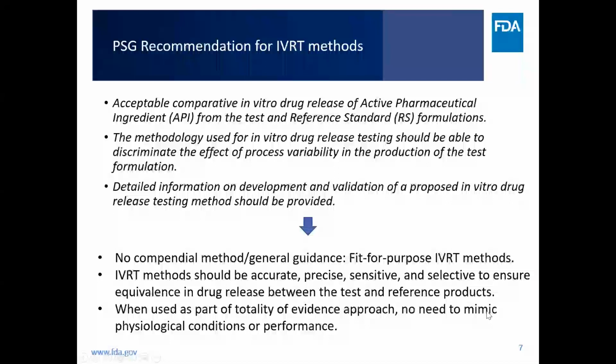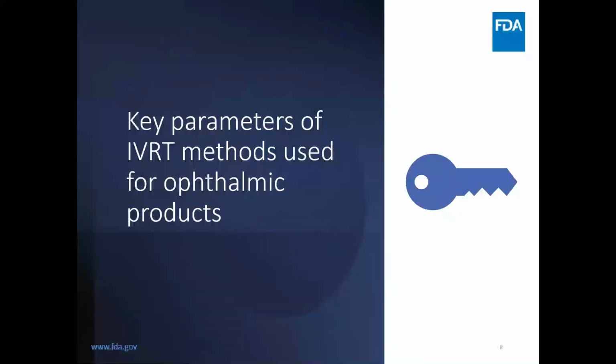An IVRT method should be accurate and precise, sensitive, and selective to ensure the equivalence in drug release between test and reference product. And when used as part of a totality of evidence approach, there is no need to be limited to physiological conditions or performance. So from now, we can take a look at the key parameters of IVRT method for ophthalmic product.